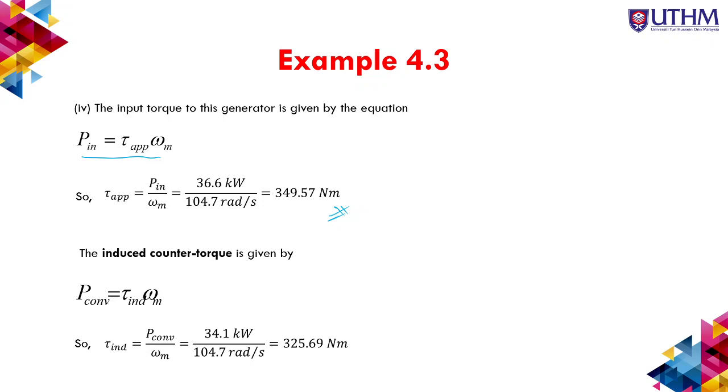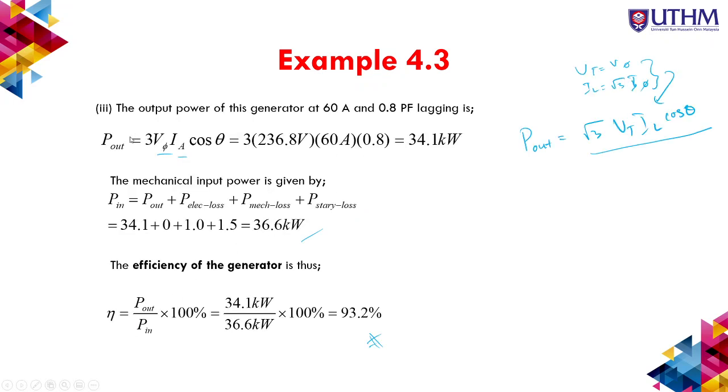And then the induced counter torque is given by the induced torque, from the converted power before the output. So it becomes the P converted. If I'm not mistaken, P converted is equal to the P out. This is due to ignoring some losses, I think because there is no electric loss.